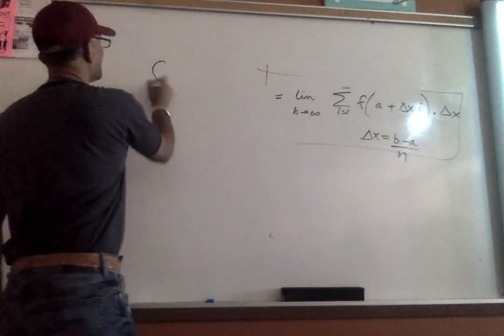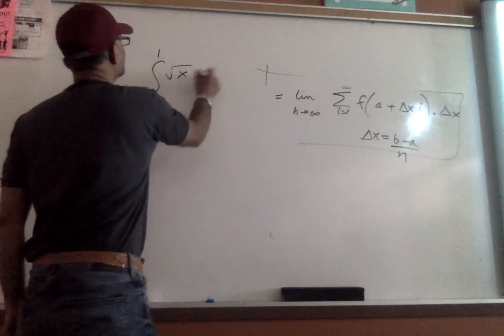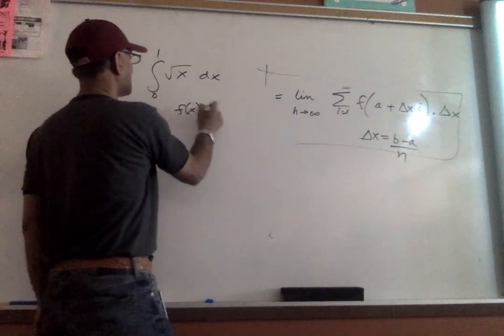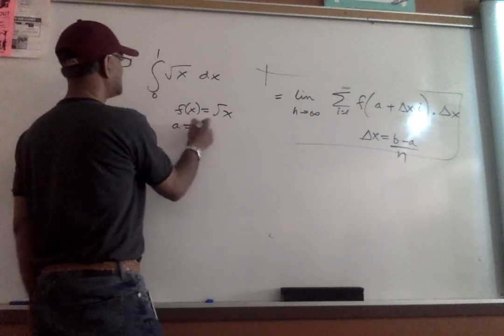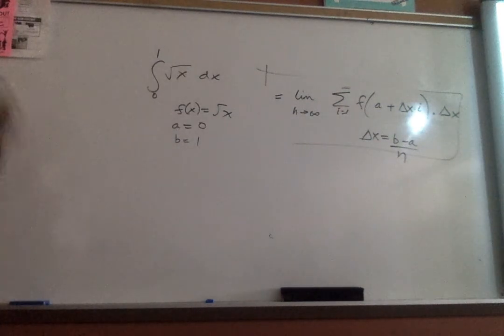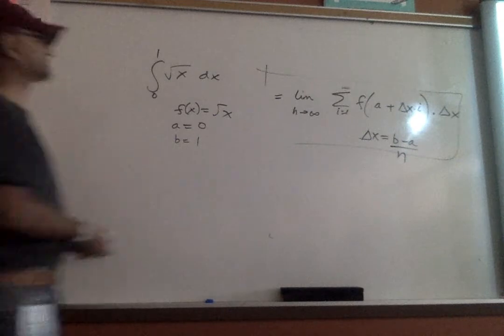B says the integral from 0 to 1 of radical x dx. I'm going to apply the formula. Write this down, please. f of x is radical x. A is 0. B is 1. I'm just going to plug everything into the formula, and the answer will magically show up. Stay with me, please.